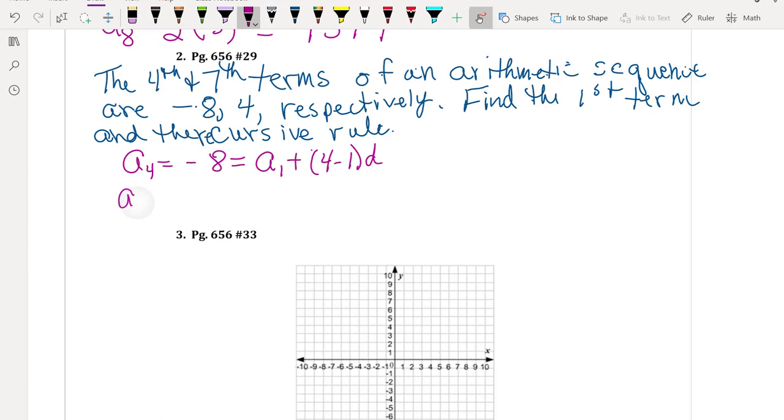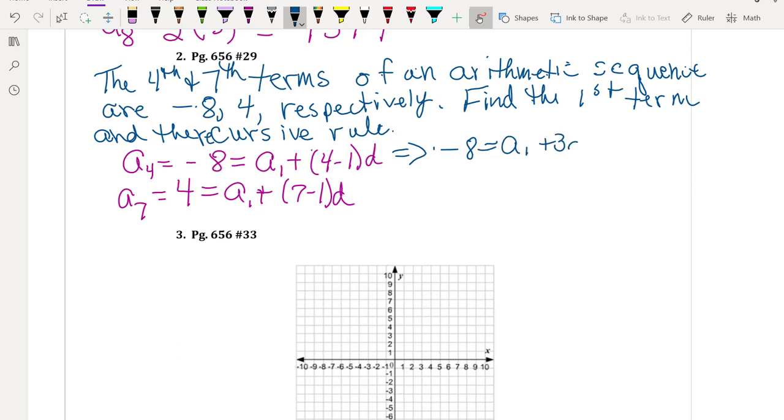And A7 equals 4, and that is A1 plus 7 minus 1 times D. So here are the 2 equations we're working with: negative 8 equals A1 plus 3D, and 4 equals A1 plus 6D.